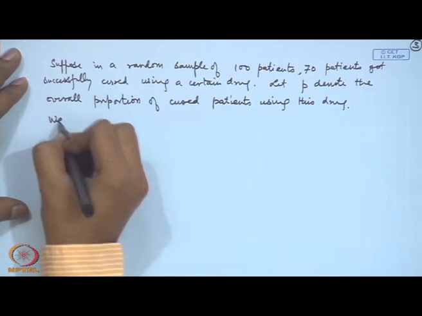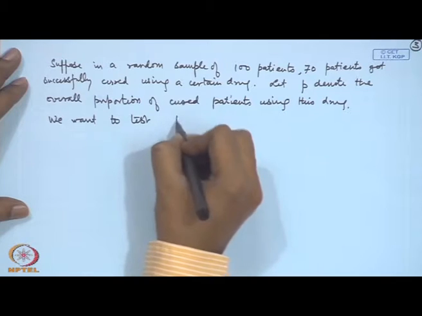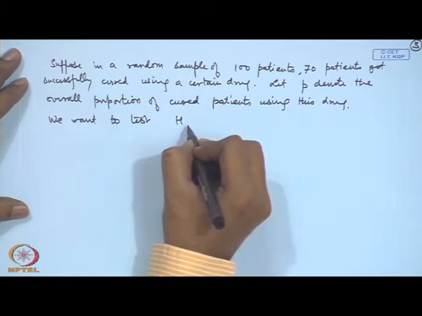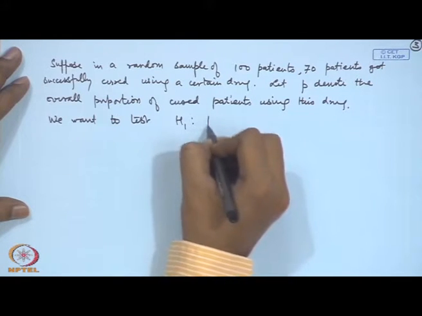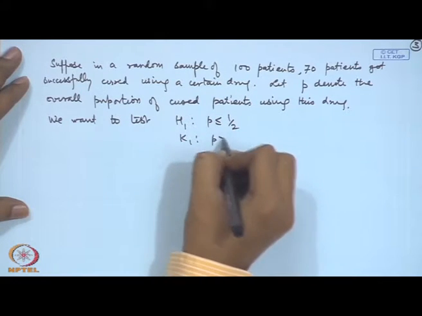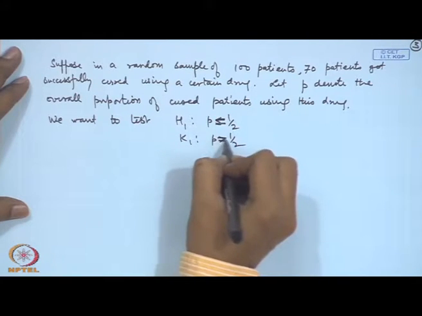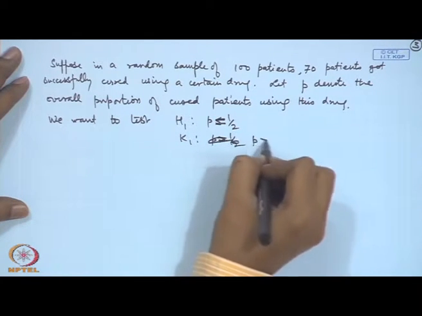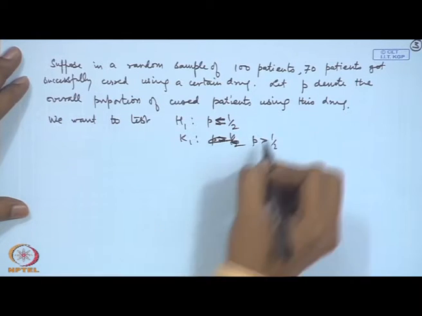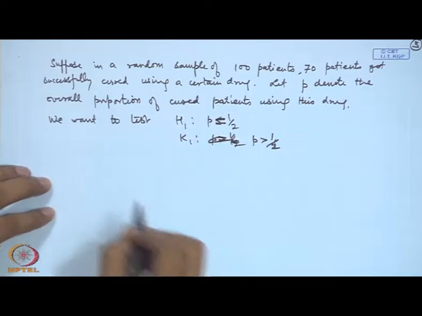We want to test, say, H 1: P less than or equal to half against K 1: P greater than half, or we may say P equal to half against P greater than half. Suppose we want to test that the overall effectiveness is more than 50%.